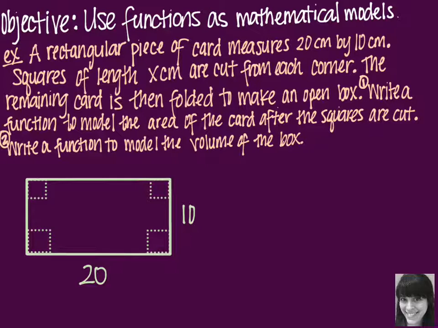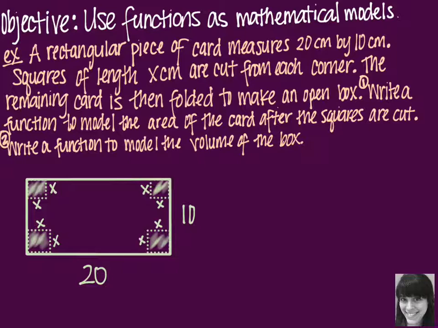I don't know if these are perfect. One's a little bit bigger than the other. Oh well. So all I know is that each one is a size of x by x. Okay, so now I've labeled everything. I know that these parts are going to be cut out.